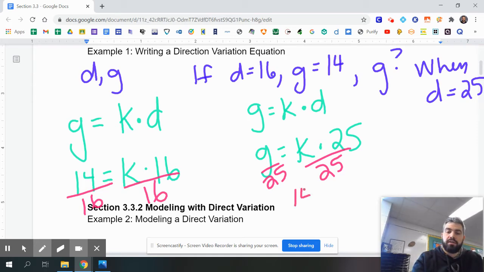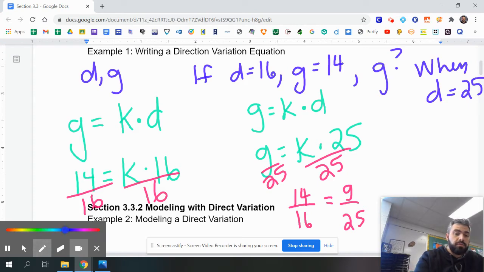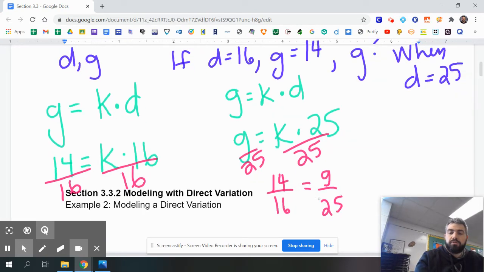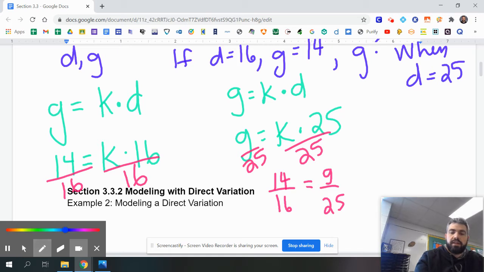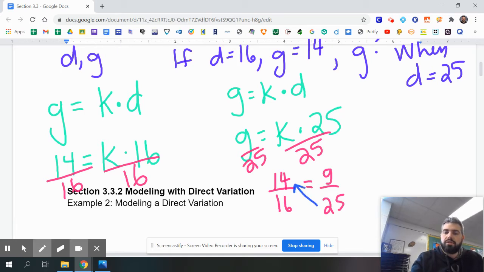So we can say 14 over 16 is equal to g over 25, right? And so how do we solve a proportion problem like this? Well, we basically just multiply, right? So I'm going to multiply 25 by 14, okay? And so I'm going to get 25 times 14 over 16.